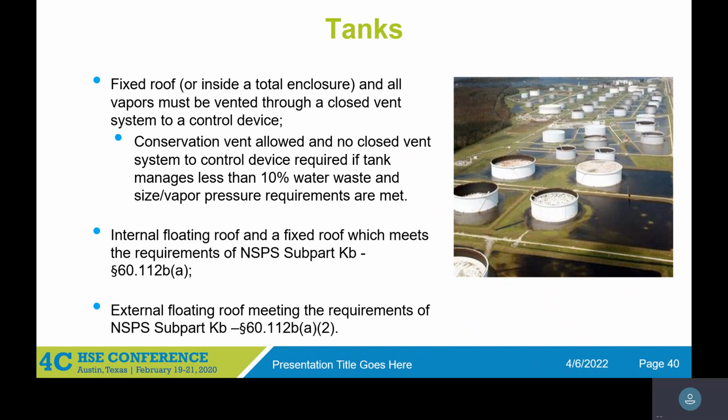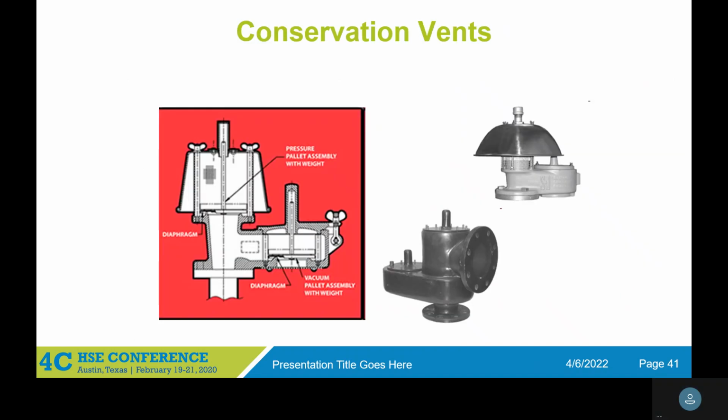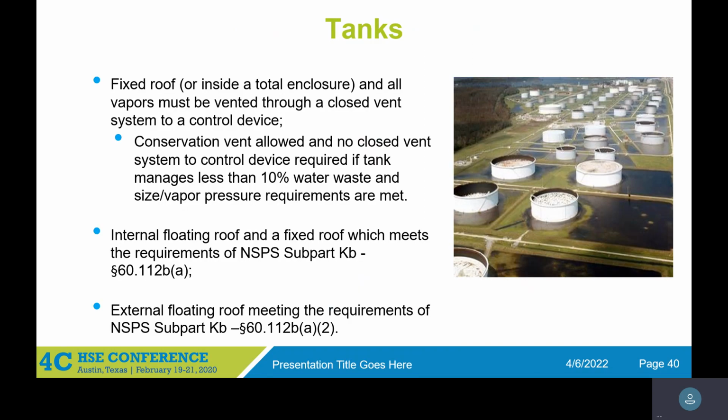Now, there is one more thing. If you have a very small tank with low vapor pressure, the table over here gives you the parameters, but you can control this with a simple conservation vent on top. This is typically for lab tanks that are small enough, and then you just put a conservation vent.